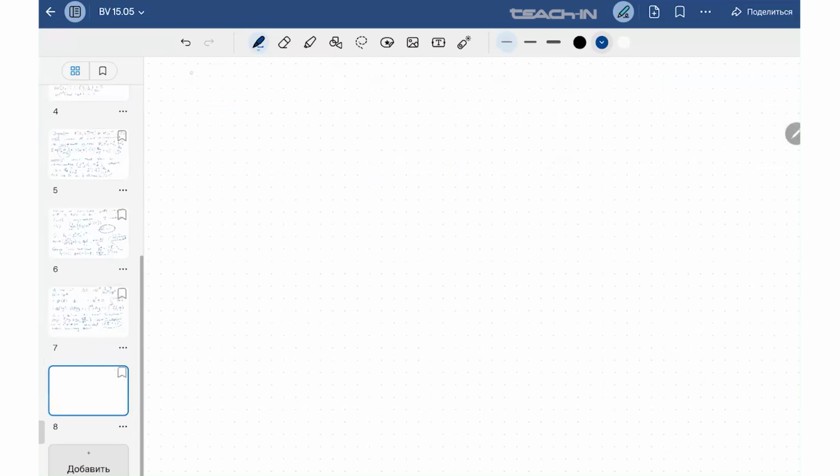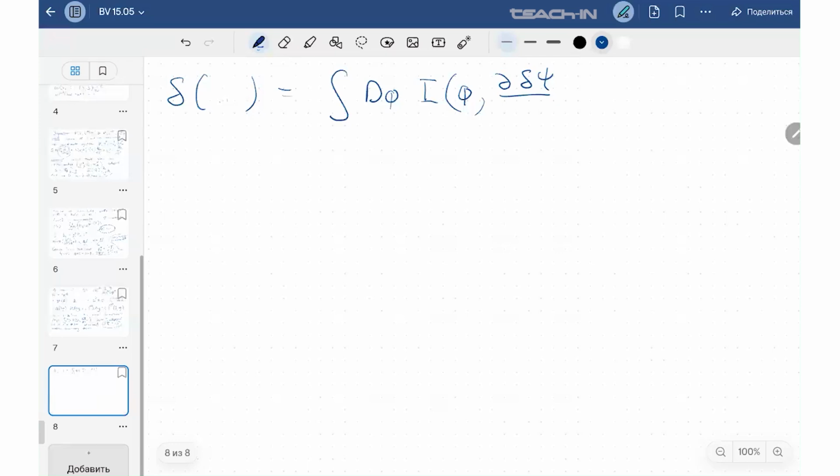The variation of our integral is nothing but the integral d phi, I of phi and d delta psi, if delta psi denotes a small variation of our psi. So how can we represent it?